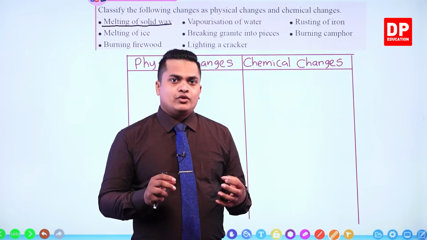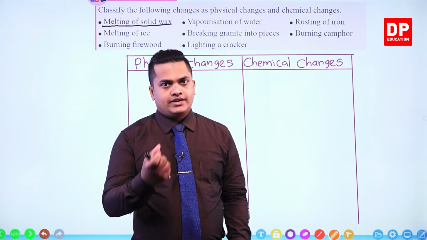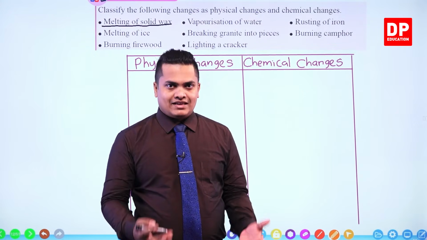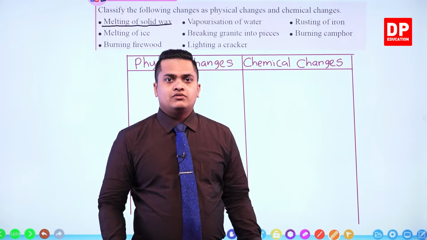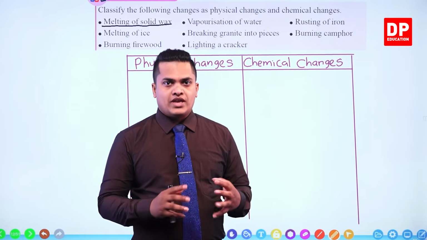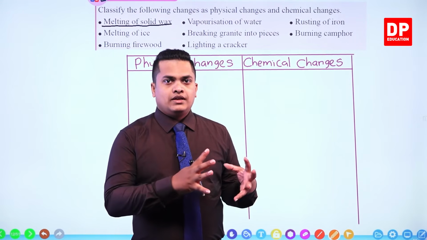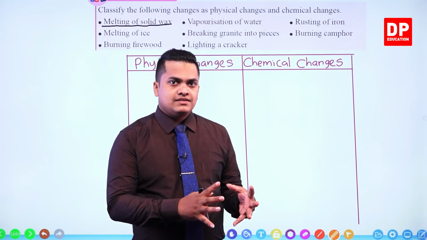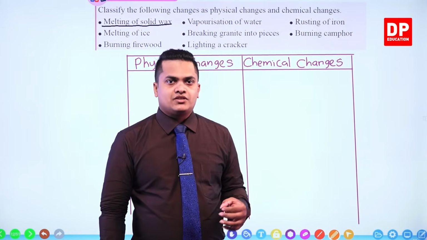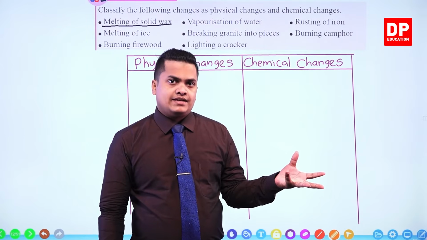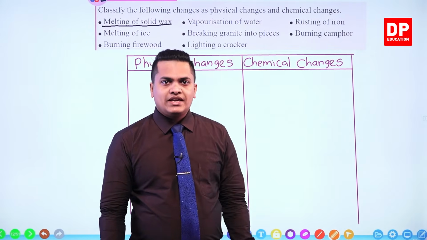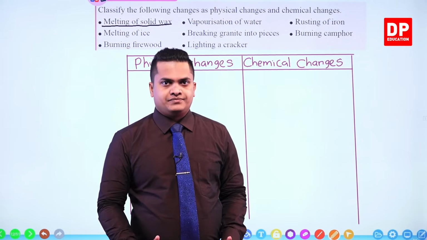So there are no new substances. Even when I melt wax and turn it into a liquid, that liquid is wax, no? That liquid is not water, it's wax. So therefore, melting of solid wax is a type of physical change. Here the physical state, solid state, is getting converted into liquid state. That's it.